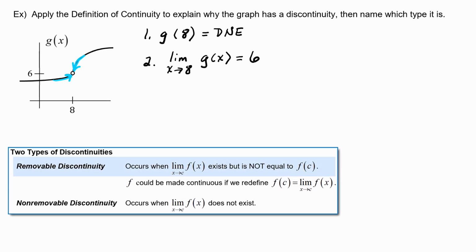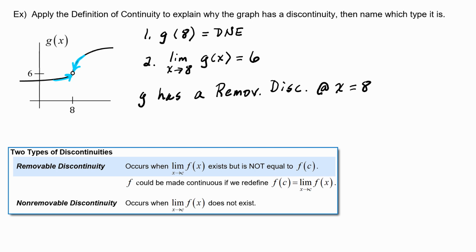Because this two-sided limit does exist, but is not equal to g of 8, that means that g has a removable discontinuity, and I'm going to abbreviate both of those words, removable discontinuity at x equals 8.